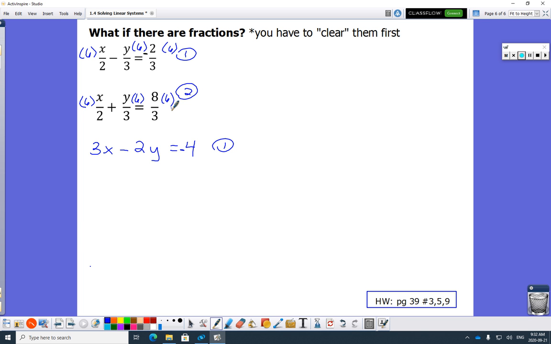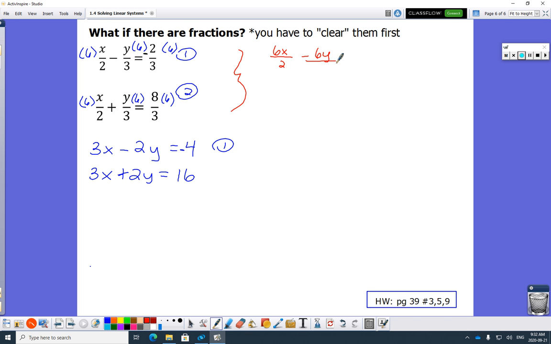Okay, so now we have 6 divided by 2, 6 divided by 3, and 8 times 6, which is 48, divided by 3, which is 16. If you hate fractions and you want to make a little side note for yourself, then this becomes 6.